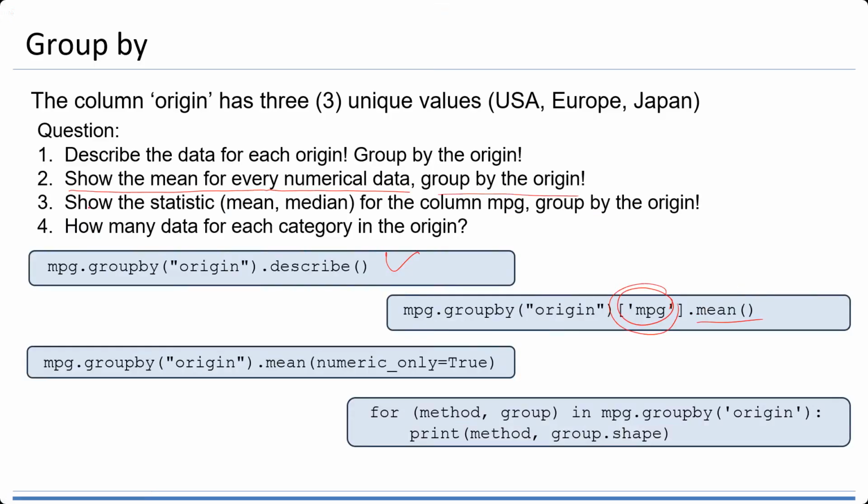And then show the statistic, the mean or the median, for the column MPG grouped by the origin. And how many data for each category in the origin? We can use a for loop, and we can do the group by for each of the origin. We want to know the shape.